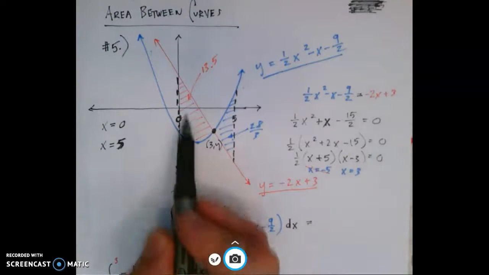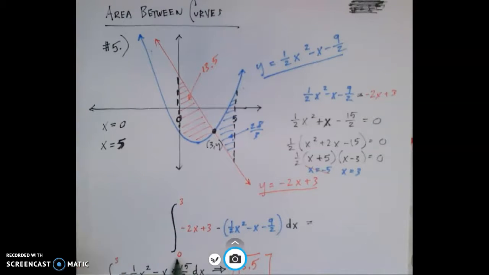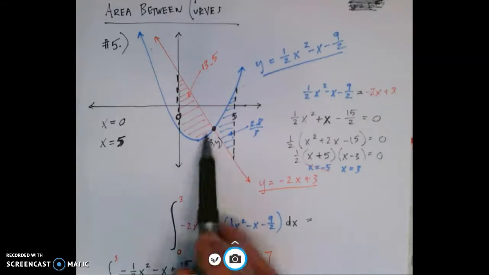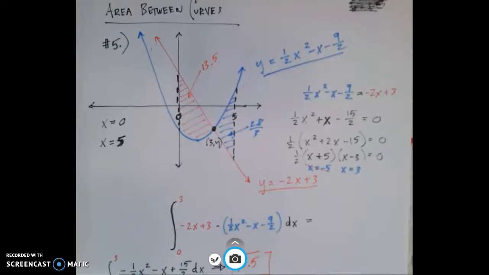So then we know that this is my top curve here, negative 2x plus 3, so that's going to go first inside our integral. And our integral is from 0 to 3. There's our 0 as our left-hand term, our x value is our right-hand term, or upper bound. So this becomes negative 2x plus 3 minus the quantity, this entire blue function, 1/2 x squared minus x minus 9/2.